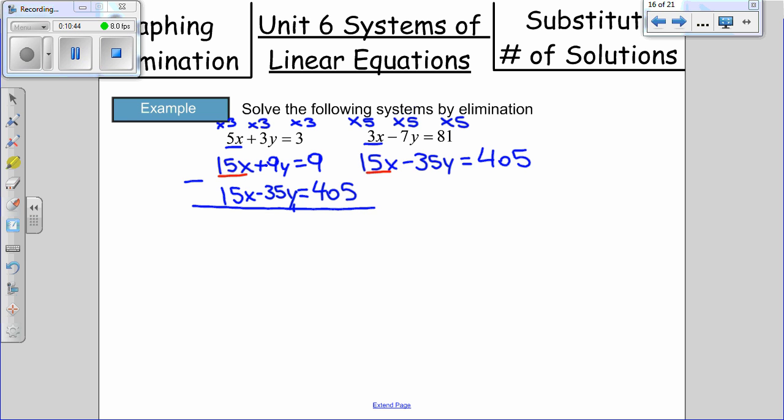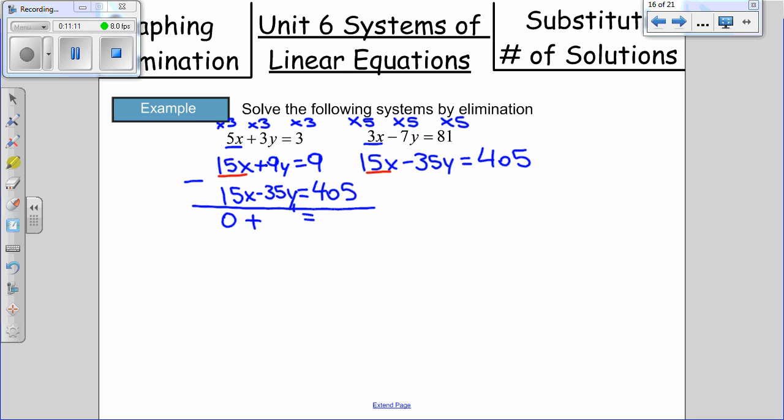All right, this equal sign, I don't want to forget it, so I write it out. And then I just go across and figure it out. 15x minus 15x is 0x. 9y minus negative 35y. When you're minusing a negative, it's like adding. So this is really like saying 9y plus 35y.